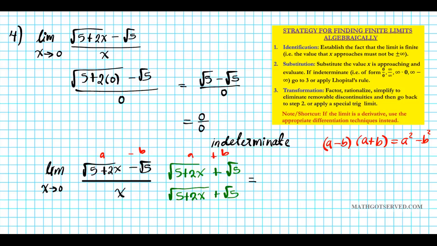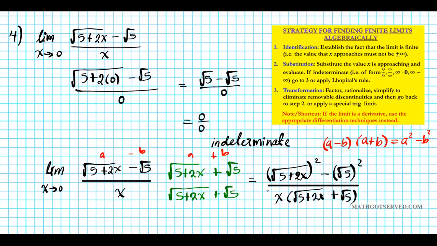So if we distribute first, outer, inner, last, we're going to have the square root of (5 plus 2x) squared. The middle terms will cancel out, and you have minus the square root of 5 squared. All right, that divided by the denominator, which is x times (the square root of (5 plus 2x) plus the square root of 5).